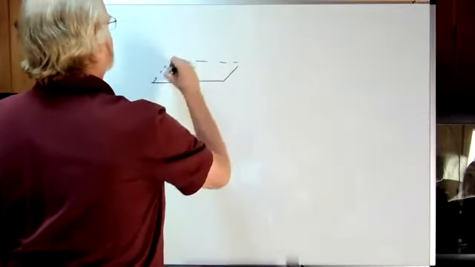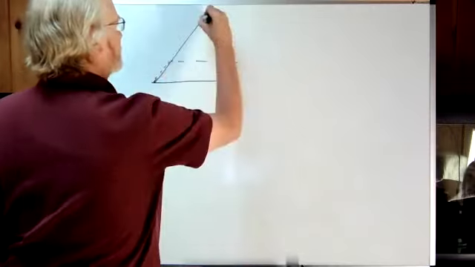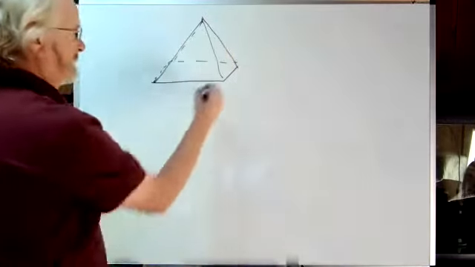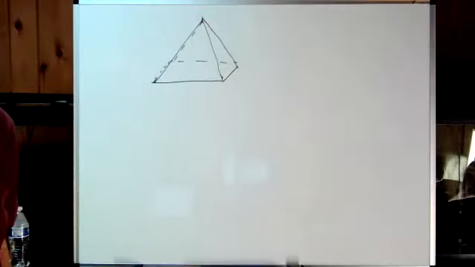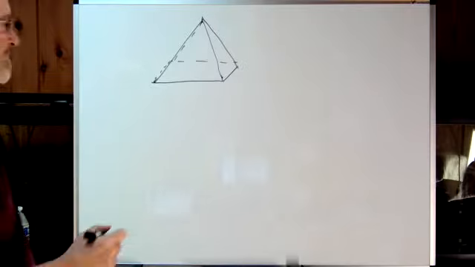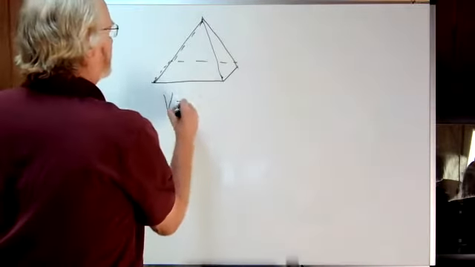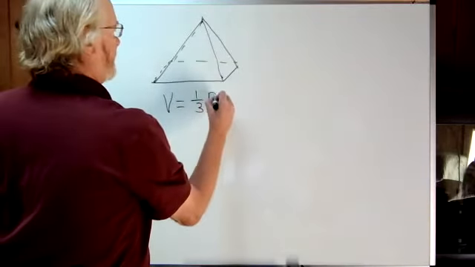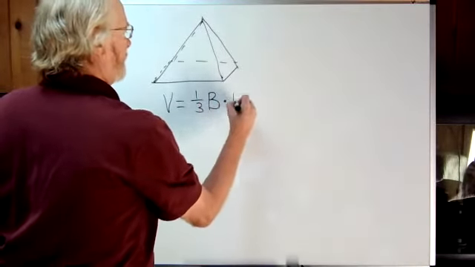And let's see if I can almost draw this. Supposed to look like a pyramid, okay? Kind of a pyramid. And again, working off your formula sheet, volume is kind of unusual: 1/3 the base times the height.